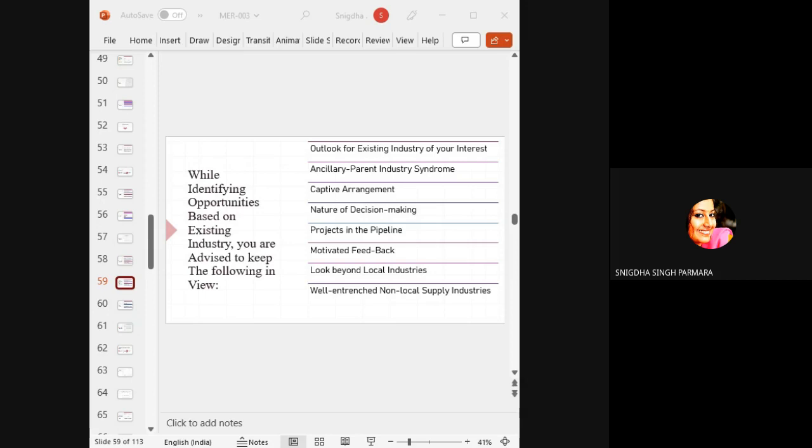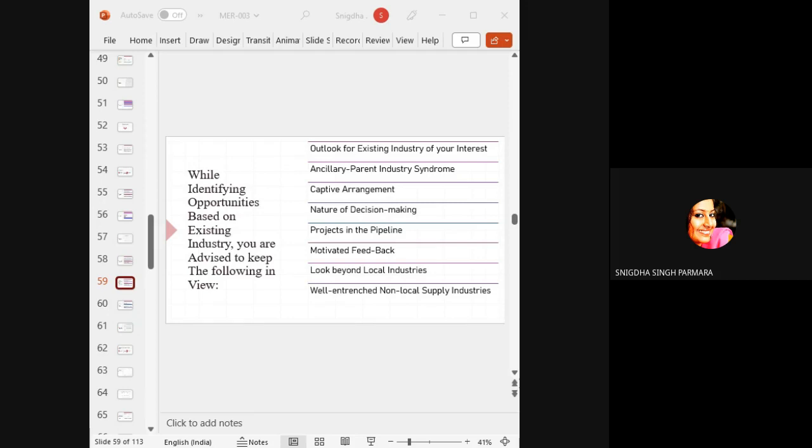See, the local industries are no longer the closed ones. There are certain other areas also which could be equally developed in line with the local industries if given proper attention. So you need to explore beyond the local industries.